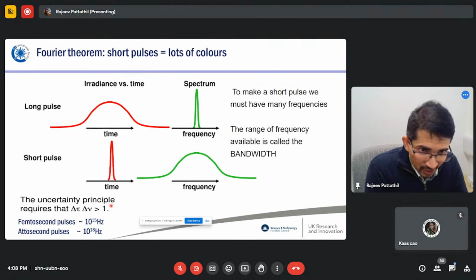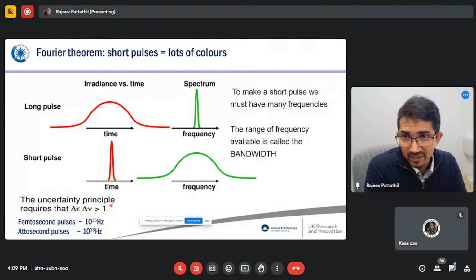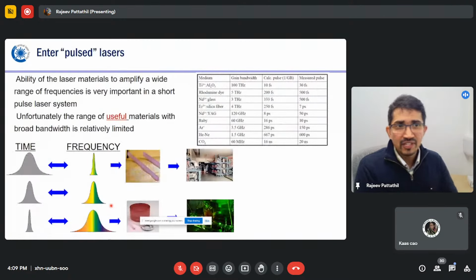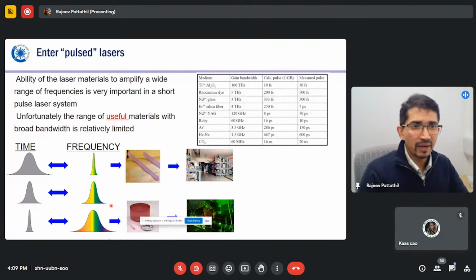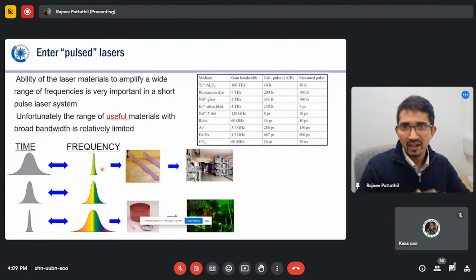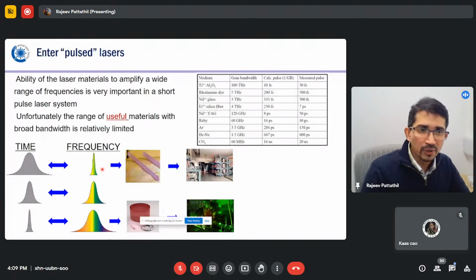To do that, first of all, you need to understand how to produce light pulses using lasers. As we saw earlier, depending on how short the pulse is, the frequency components, or the different colors or bandwidth required to produce that pulse, varies.